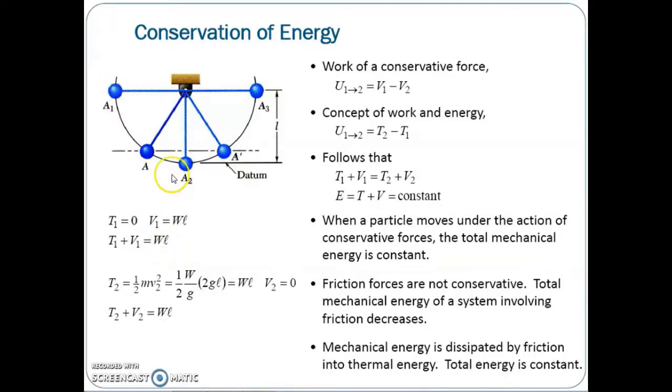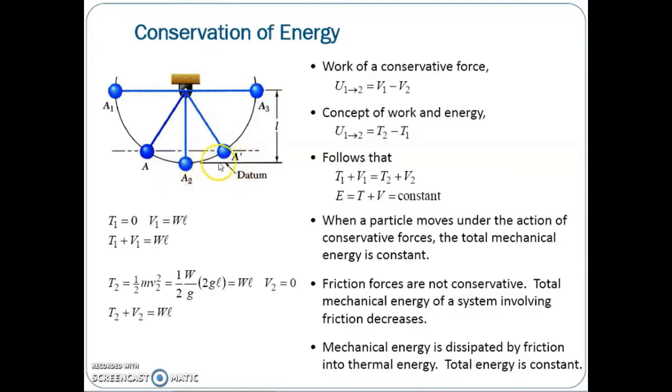When the bob reaches A2, we have our kinetic energy T2 equal to 1/2 m v2 squared, which is equal to 1/2 W over g, where v2 squared is 2gL. Then we have T2 equal to WL. And in this case, the potential energy of the weight is 0 because the datum is at A2.